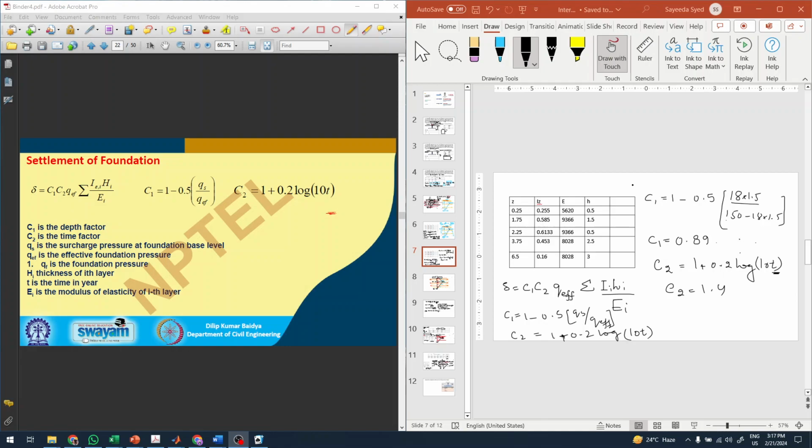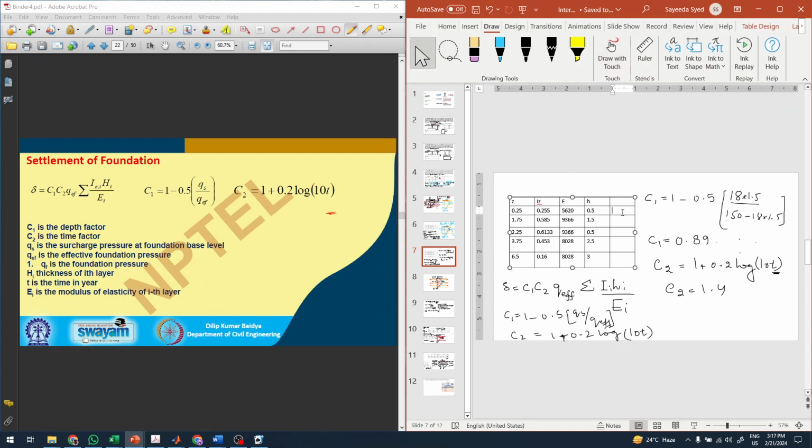Let us fill the I H by E here. 0.5 into 0.255 over 456, and let us keep a common 10 to the power minus 5 here.